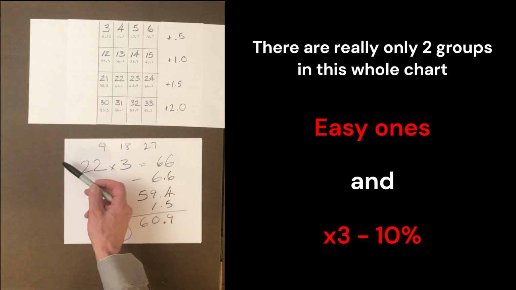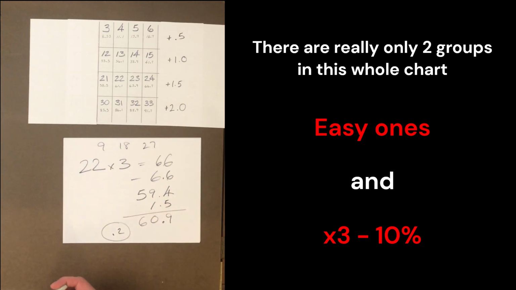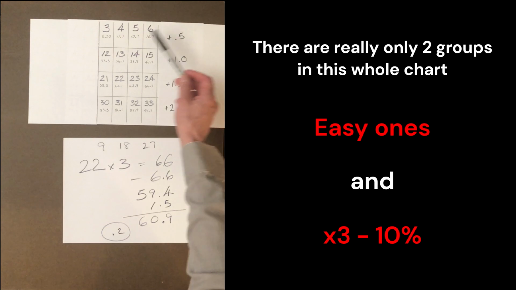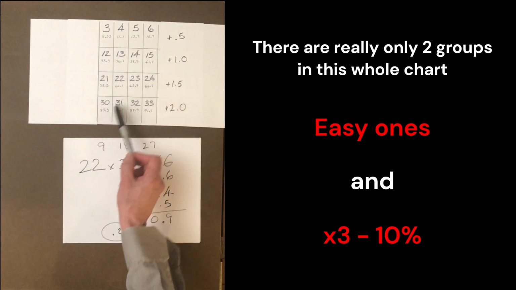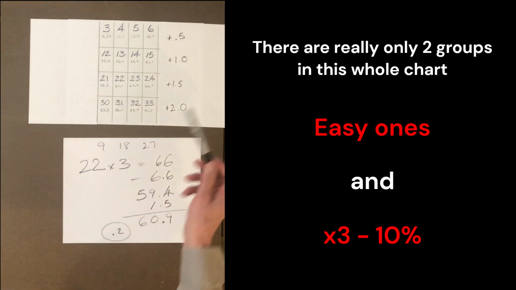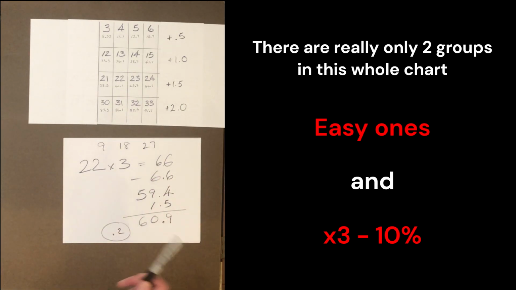We have our times 3 minus 10%, and if you want, you can learn these adjustments, one for each quarter, if you want to think of it that way, to get your accuracy a lot better. Now again, our goal is to do this very quickly. So if you want to practice it, you should be able to do this very quickly with practice. And often, most of the time, you don't need a super accurate answer, which is a very important part.